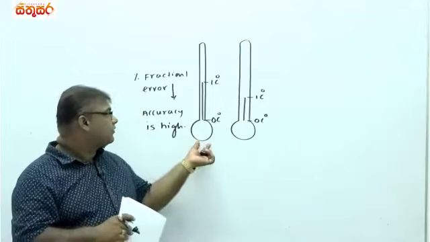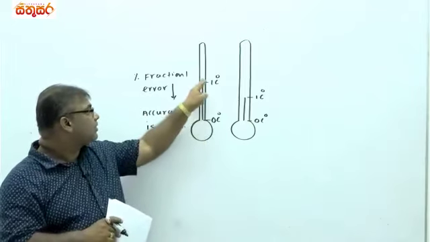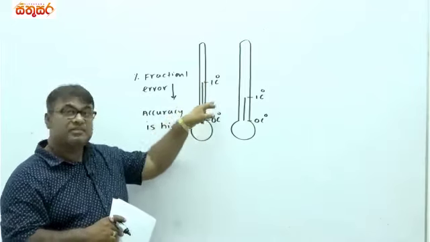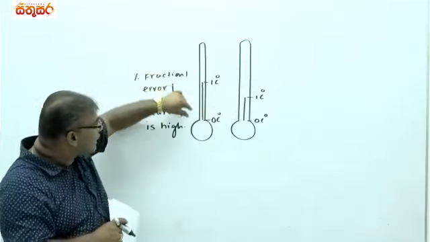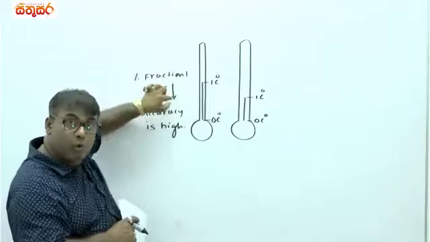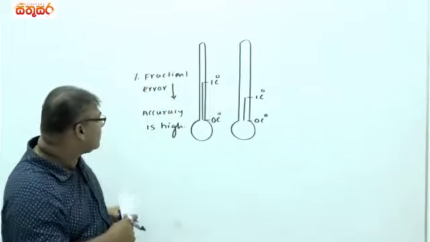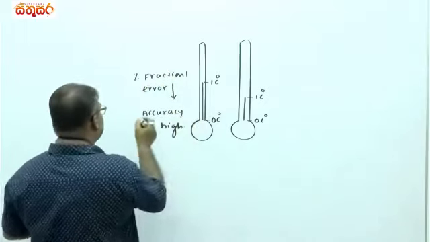Okay, then if you can measure a large length for 1 degree Celsius, or the unit temperature variation, the percentage fractional error of height measurement will be low. Then it is called accuracy of the reading.